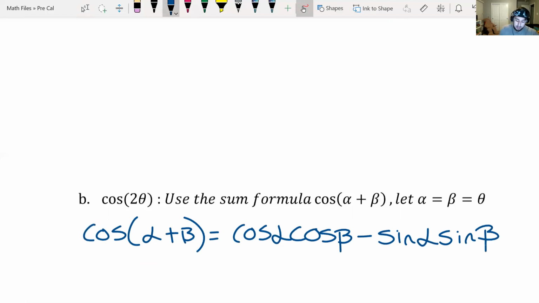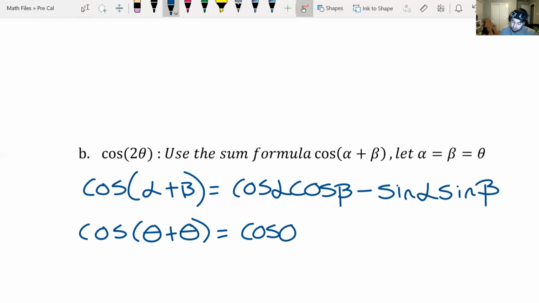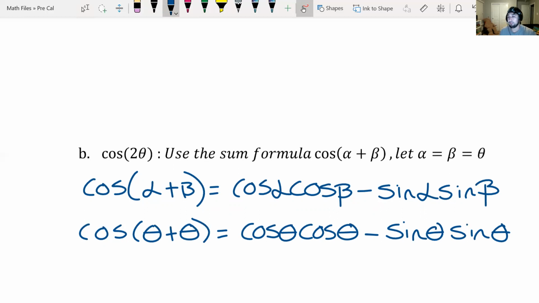Now bring in the thetas, and we'll have cosine theta plus theta equal to cosine theta times cosine theta minus sine theta times sine theta.